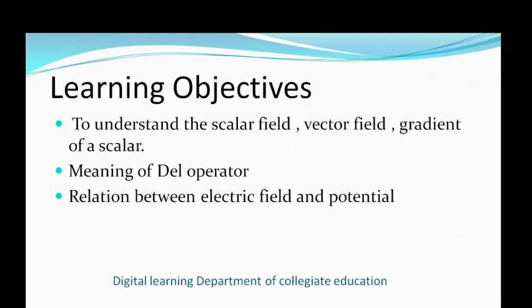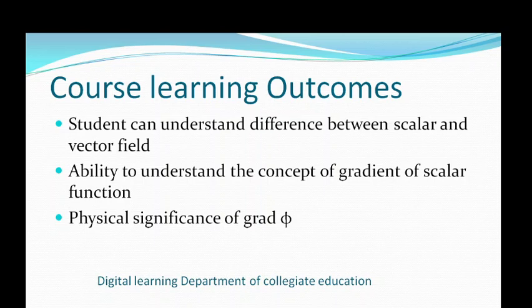Learning objectives from this topic: scalar field, vector field, gradient of a scalar, meaning of del operator, relation between electric field and electric potential. Course learning outcome from this topic: understand the differences between scalar and vector field and the concept of gradient of a scalar function, physical significance of grad phi.